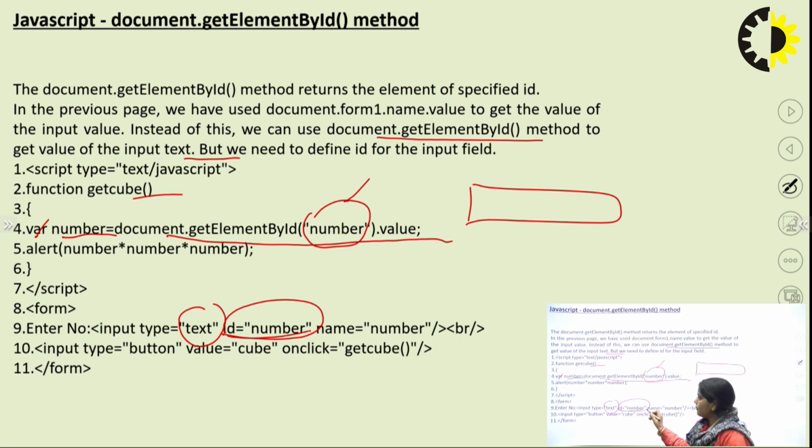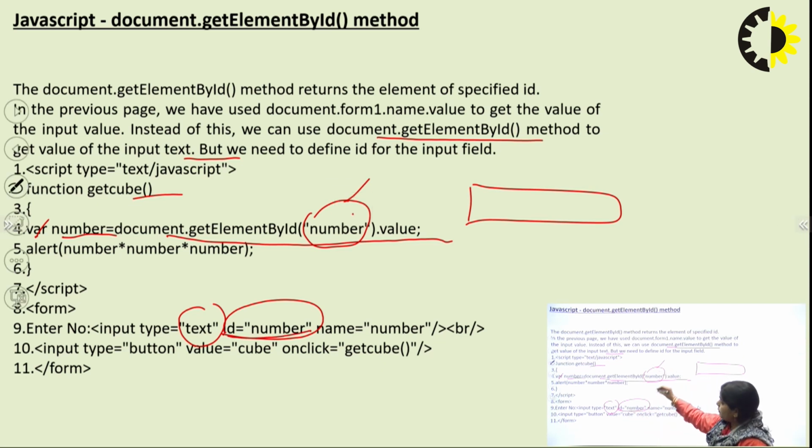The id is number, and the same id is used here also, then only it will match the id values and properly implement the main objective of the getElementById method. And the name is number.